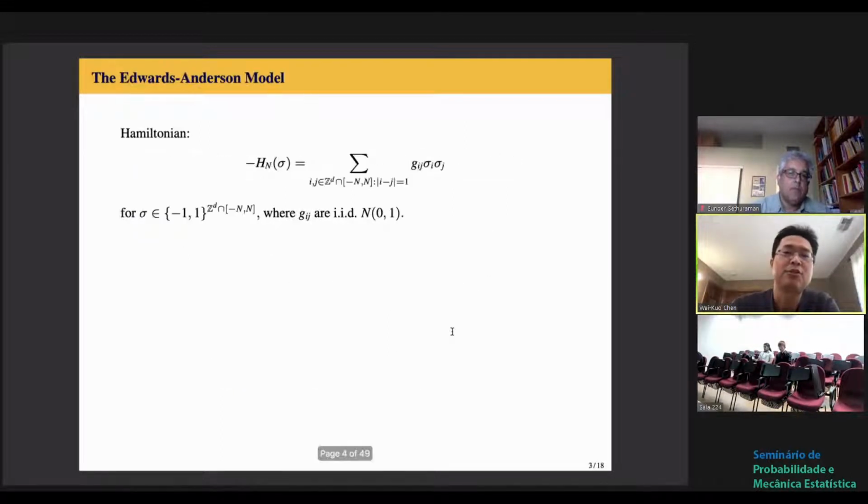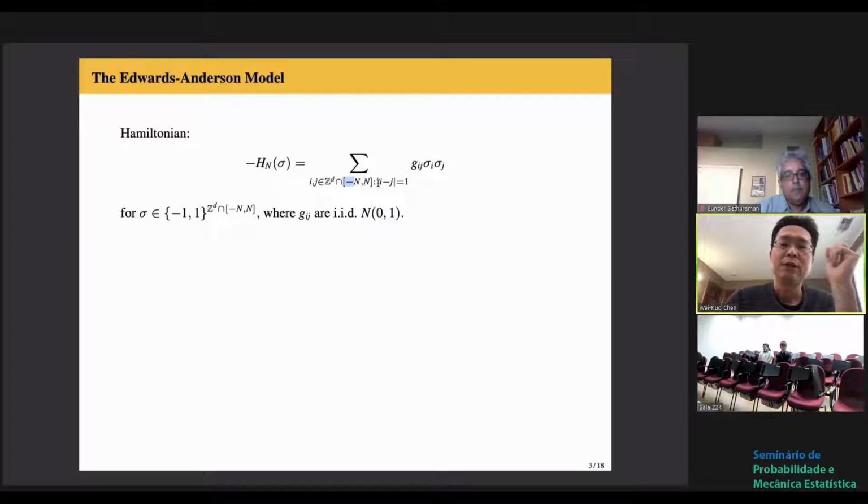All right, so the first important model is the so-called Edwards-Anderson model. If you are familiar with the Ising model, this is a disordered Ising model, in other words. Again, as in the Ising model, I look at Z^d, the d-dimensional lattice, and then look at a small box, so here it should be 2 to the d power.